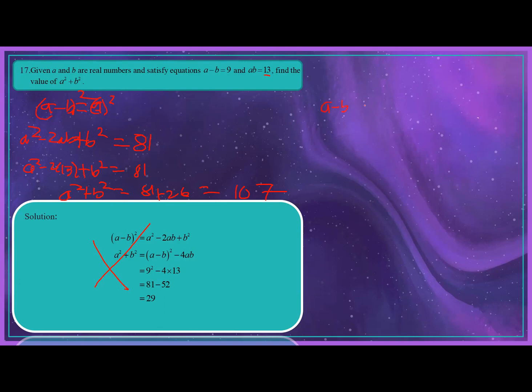So a minus b equals 9. You square both sides, so we have a squared minus 2ab plus b squared equals 81.